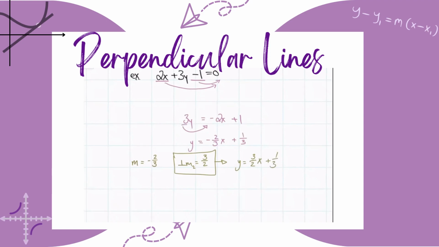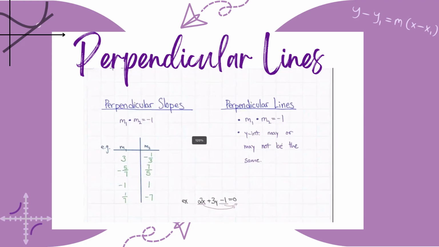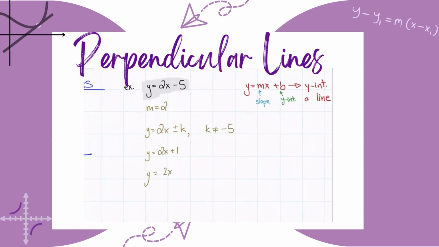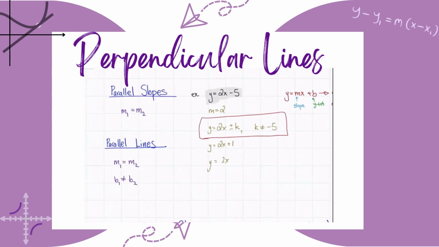So this is fine, but in general, if you wanted to state something, you could have just said k, and then you state that k belongs to all real numbers. Whereas with the parallel line, if you look over here, there is a restriction for k, just because the y-intercepts cannot be the same.